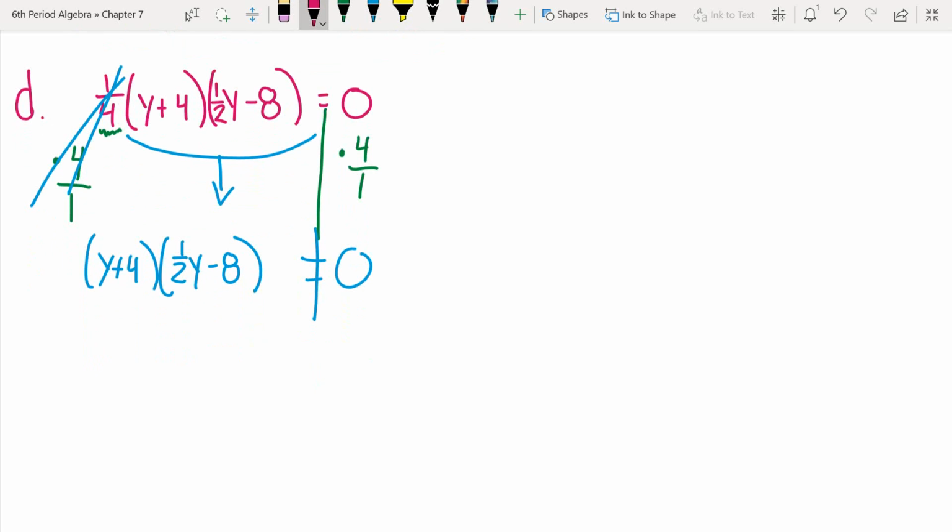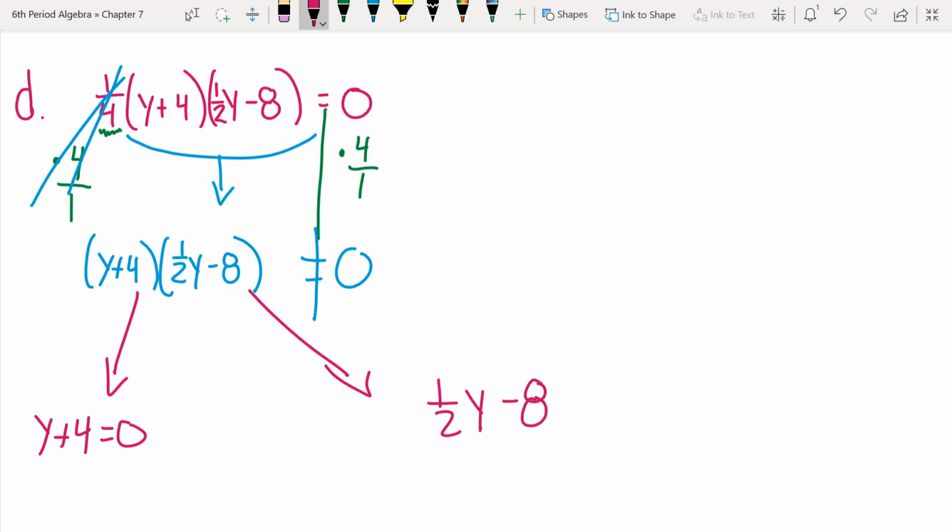I'm like, okay, I can do that. So I got one problem where I have y plus 4 equals 0. Then I have another problem where I have 1/2 y minus 8 equals 0. You have a little fraction here. It's okay. I want you to pause the video now and try to solve both expressions, please.